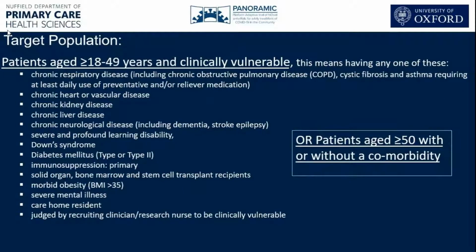So looking at the target population for the study, we'll be looking for patients aged 50 and over with or without a comorbidity. We're also looking at patients aged 18 to 49 years and clinically vulnerable. And by this we mean that they have to have at least one of the medical conditions listed below, or be deemed clinically vulnerable by the recruiting clinician or research nurse for another reason.